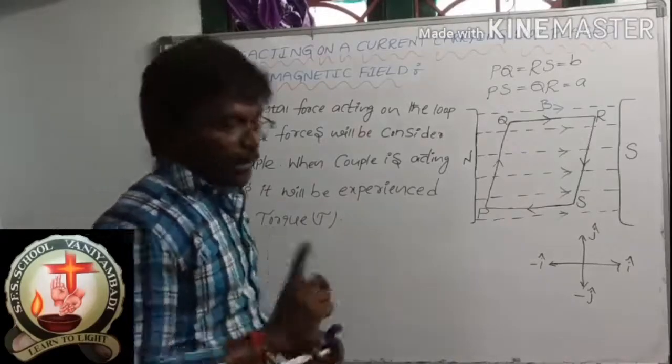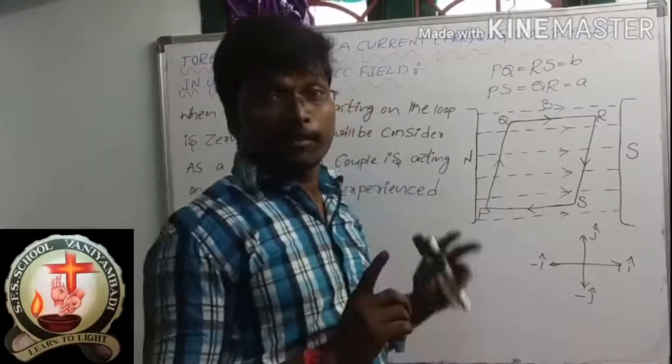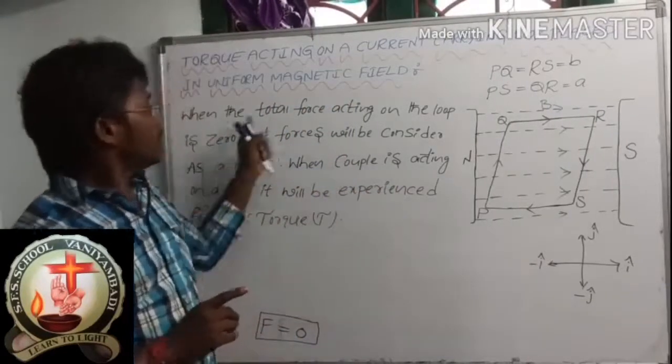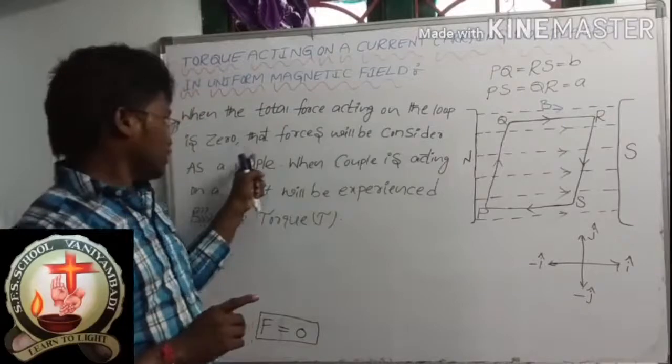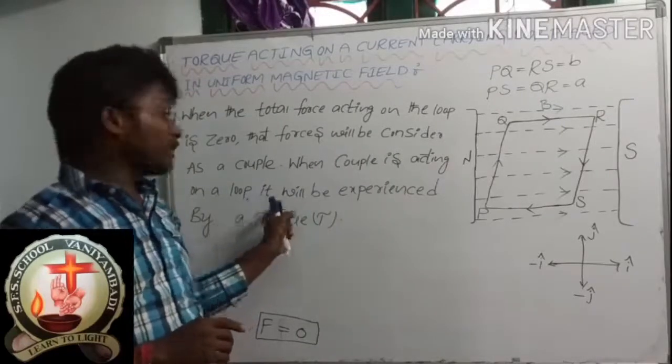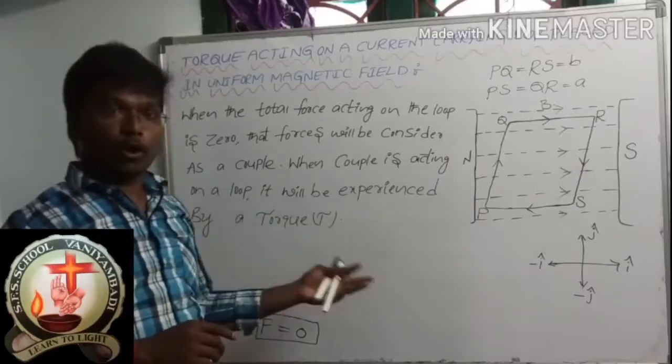I hope I explained this very clearly in the electrostatics lesson itself. So when the total force acting on the loop is zero, those forces will be considered as a couple. When a couple is acting on the loop, it will experience a torque.